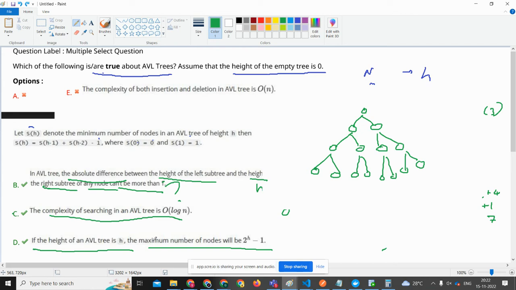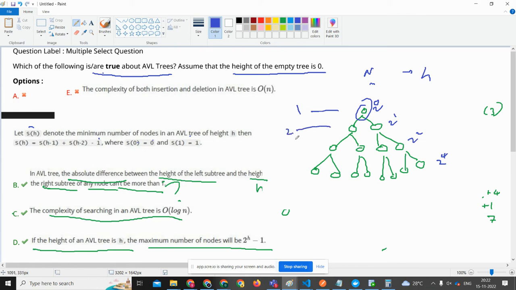At each level that we are going down, the number of nodes is doubling. In the first one you have two, the next you have four, eight, like that. So that is why we have 2 to the power h, and the minus 1 is because at the topmost we have only one. So that was the idea.